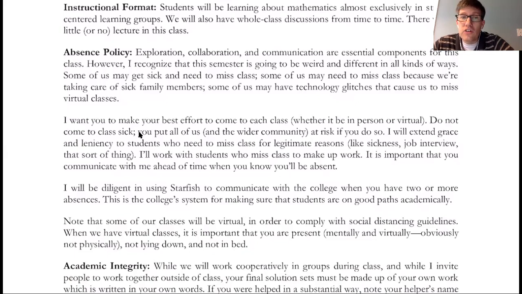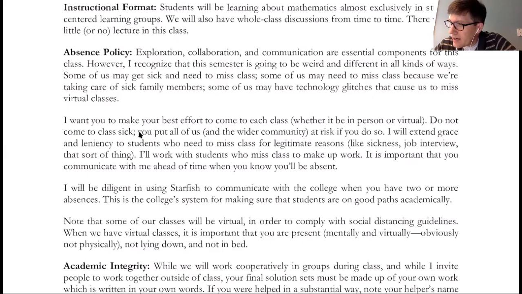And I'll work with students who miss class to make up work. So there's not really a penalty for this. Again, you just come to class when you can, and if you're sick, don't come to class, right? There's not a penalty for not coming to class, as long as you're coming to class when you can, okay? If you know that you're going to be absent, it would be helpful to communicate that ahead of time.